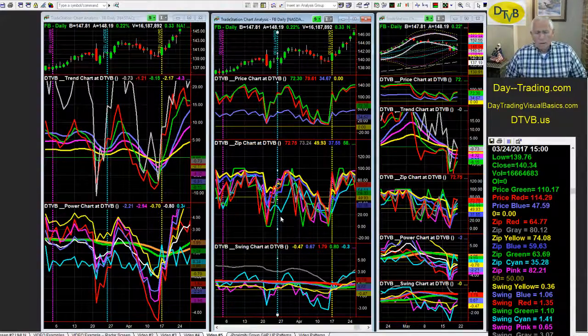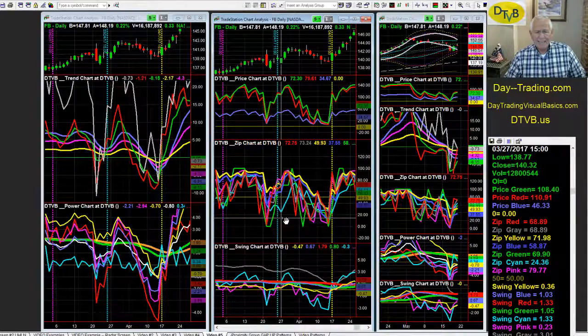And so I say end of day, but that can vary. Now, the objective here is, even though we see the Zip Cyan having gone down on the day after the open. So in other words, you're sitting there waiting for the stock market to open, and it gaps down fairly significantly.